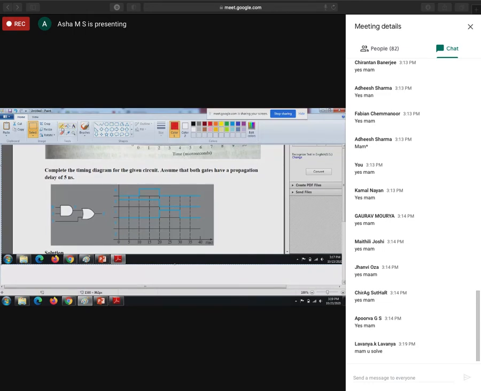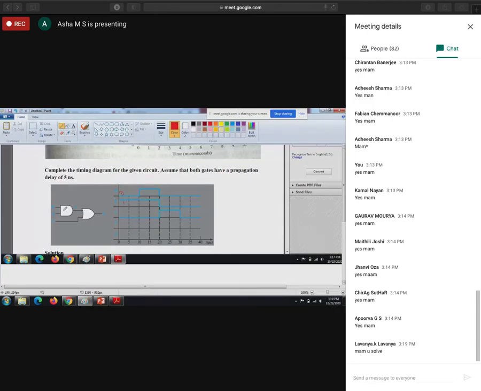So W and X are the inputs for the AND gate. First, let me complete V. Initially W equals 0, X equals 1.